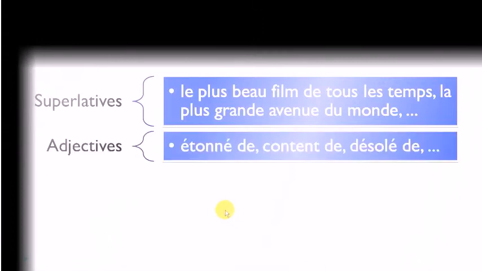Keep in mind that some adjectives will require this preposition de, as we had previously some adjectives that require the preposition à, and it will be exactly the same with de. So for instance, étonné, astonished, then we put de. Content, happy, de. Désolé, sorry, de. As I said, and it will come after that for the verbs, try to remember them when you encounter them or when you read them.